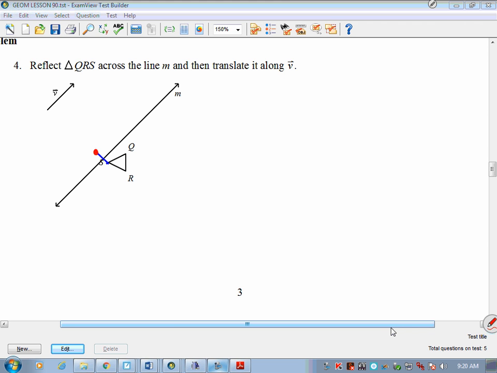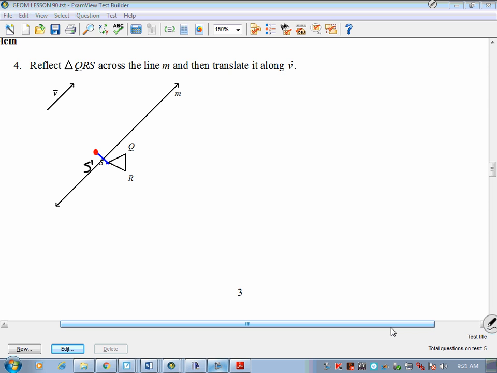So what we're saying is that it has to maintain perpendicularity. No, it's just they need to be perpendicular, okay? And they need to be the same distance across, which means line M should be the midpoint of my blue line, right? Hopefully, okay? All right, so I am drawing S prime.